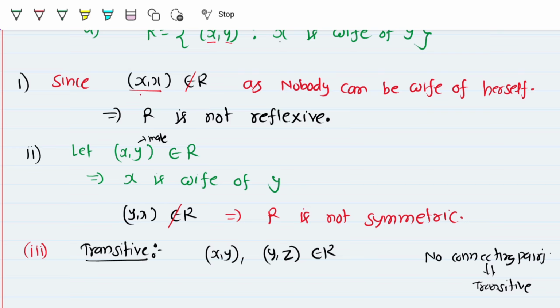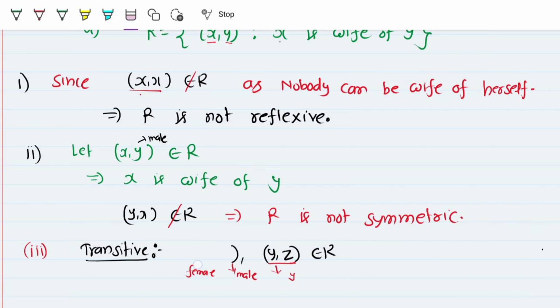And you can see here we will not have connectivity, because if x comma y belongs to R, it means x is female and y is male. Then y comma z cannot be in R, because y is a male, and how can a male be a wife? If y comma z belongs to R, then you have to say y is wife, but to be a wife, at least it should be a female first. So by default it is transitive. No connecting pairs, it is transitive.